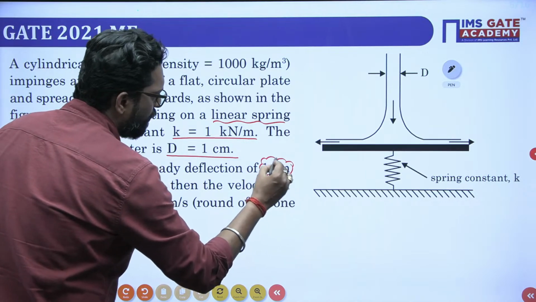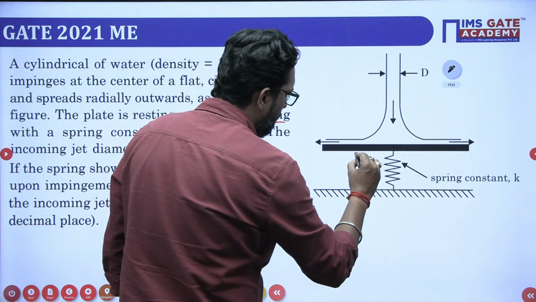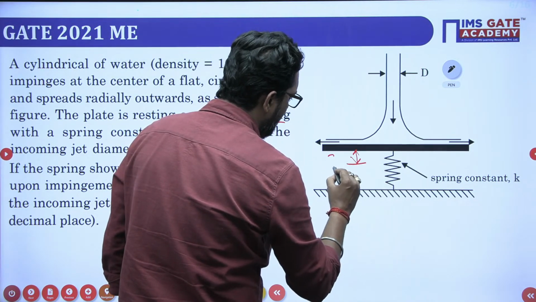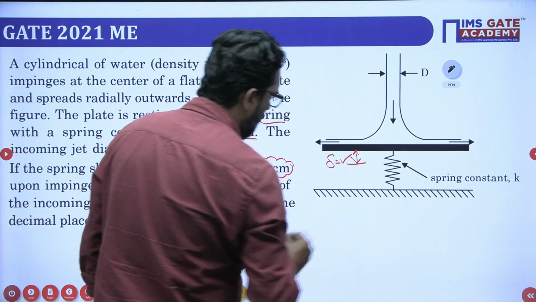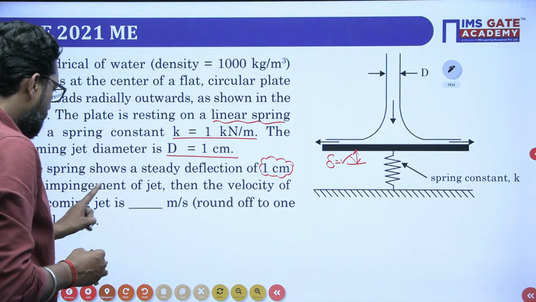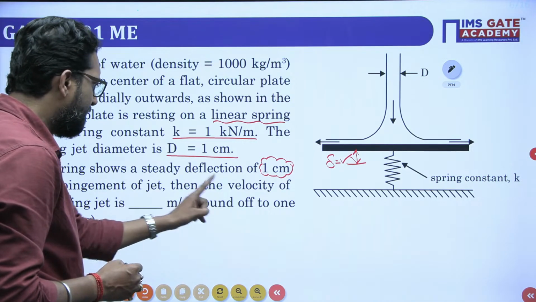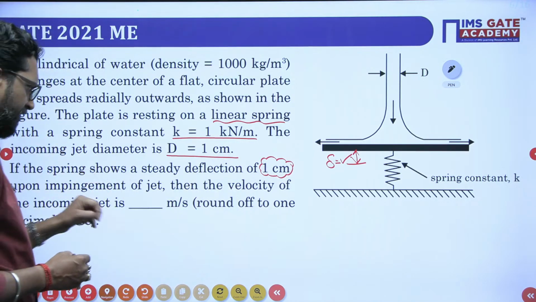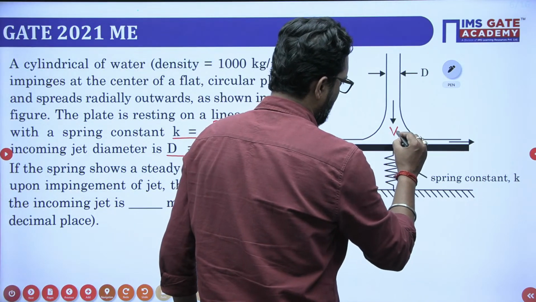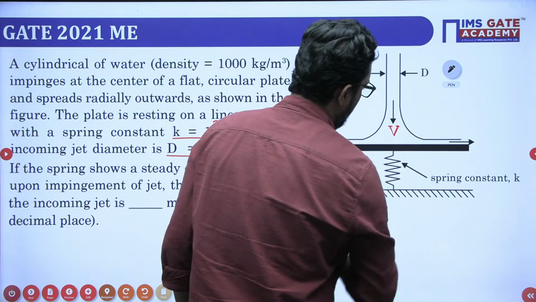This is the static deflection delta, which is also given. Upon impingement of the jet, what is the velocity of the incoming jet striking the plate?